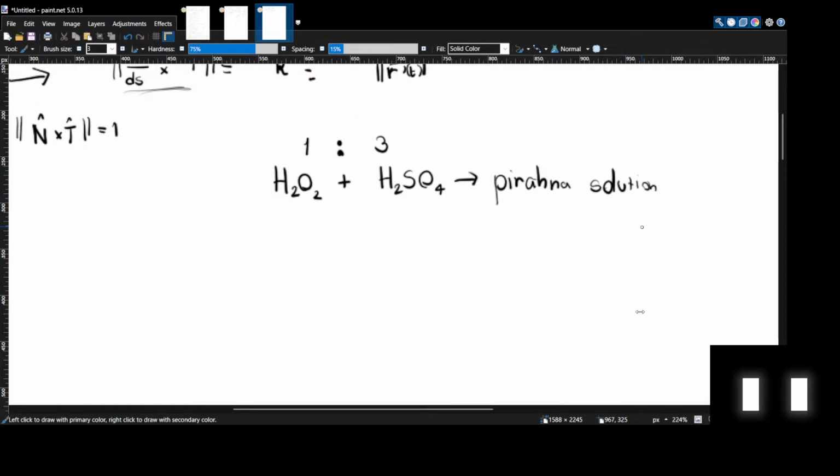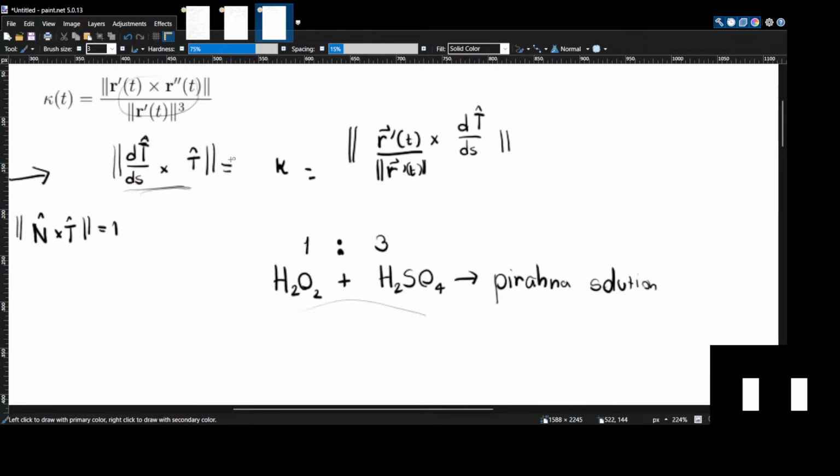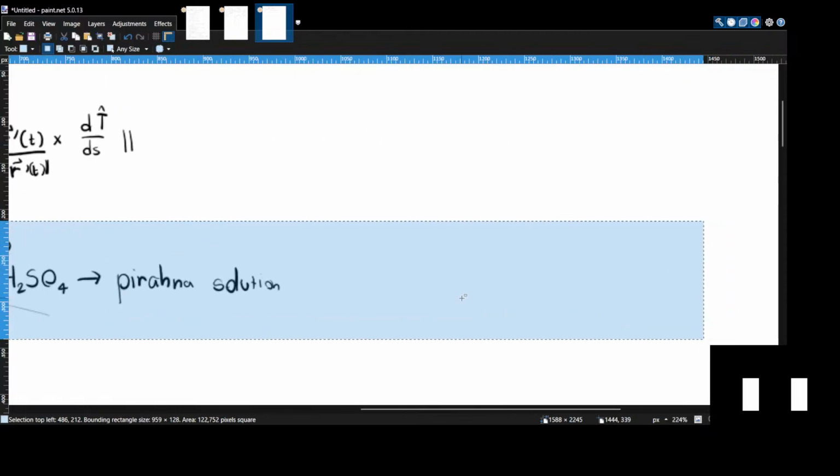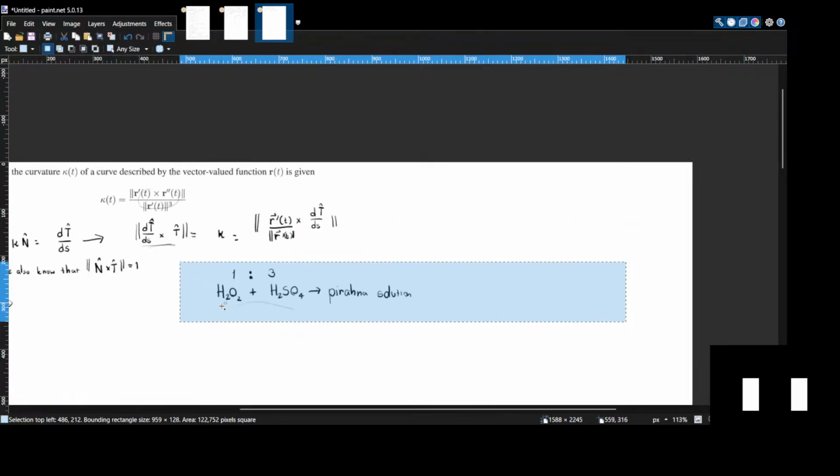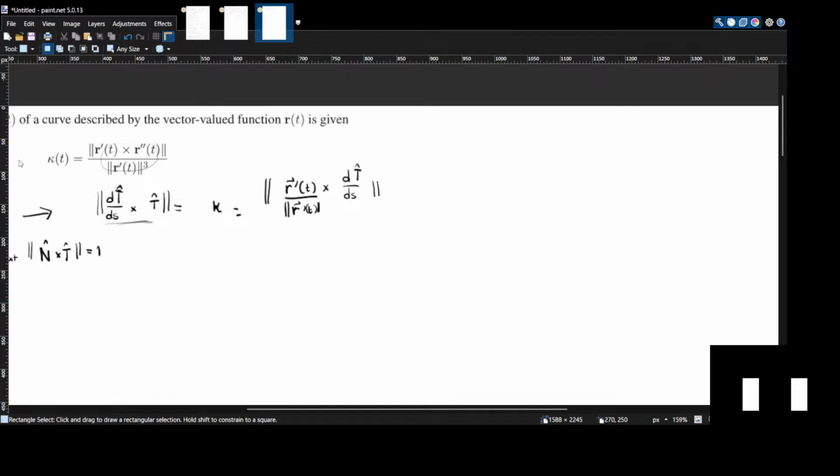Yeah, if you pour the solution onto some organic material, it no longer stays material. It just dematerializes. It's just that strong because of, I don't really know why. I just know how to make it. And this is a really fun thing to think about because of how crazy it is. It would probably melt through your finger if you don't have any gloves on. So it's good for removing organic material. Take that as you will.